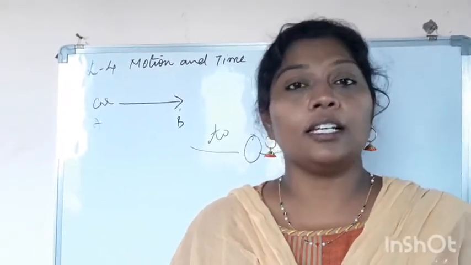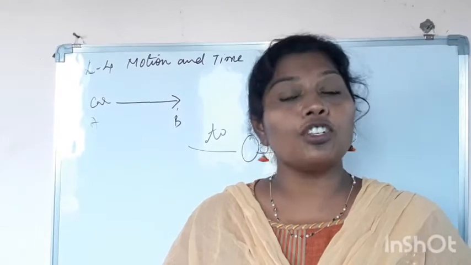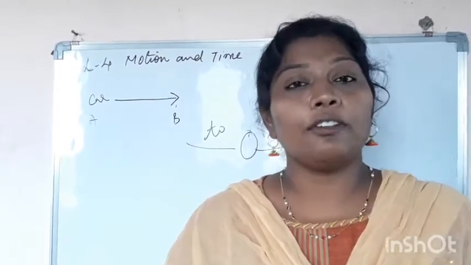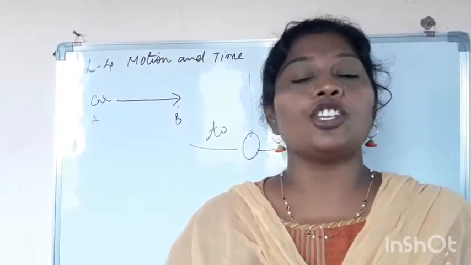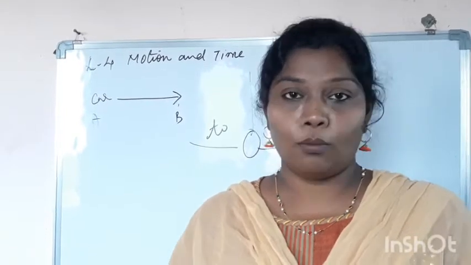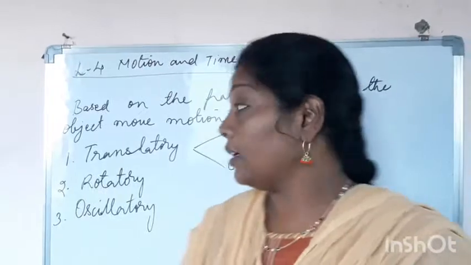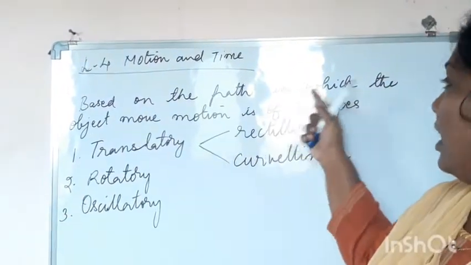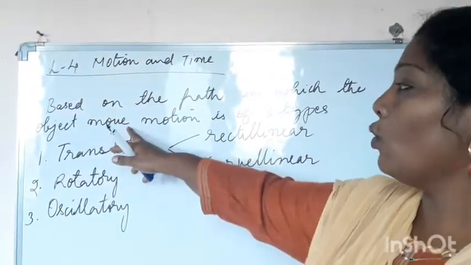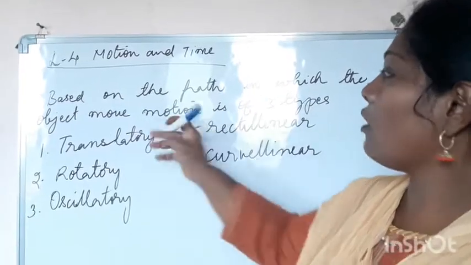Let us learn what these types of motions are and what kind of examples we can see in each particular kind of motion. Are you ready children? Based on the path in which the object moves, motion is of 3 types.